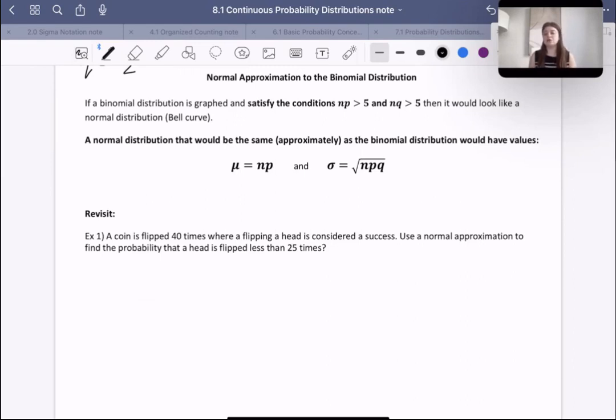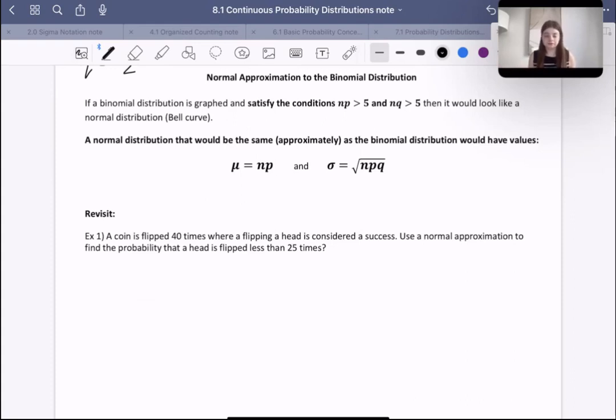That's what we expect to happen if we haven't actually done any trials. And the standard deviation would be the square root of npq, because the variance is npq.